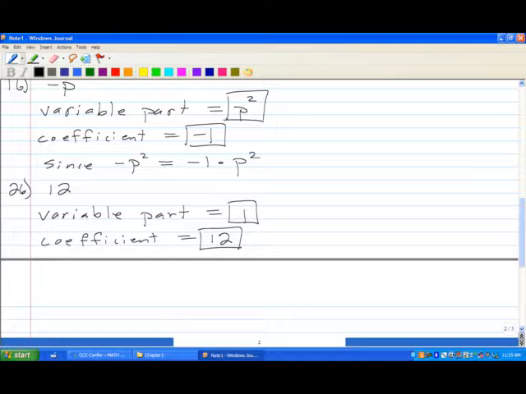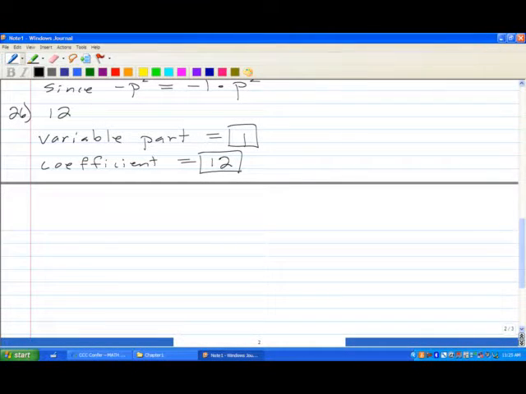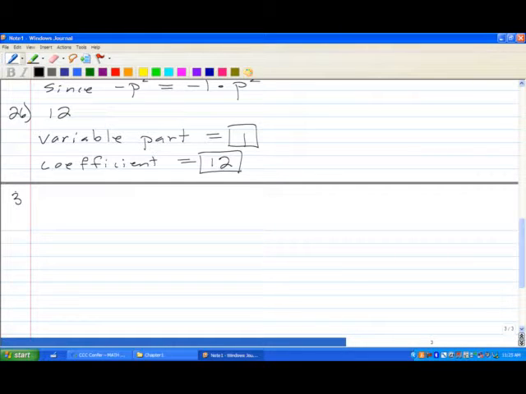Let me do problem number 32. 12q and 2r. In exercises 29 through 40, determine if the pair of terms are like terms.